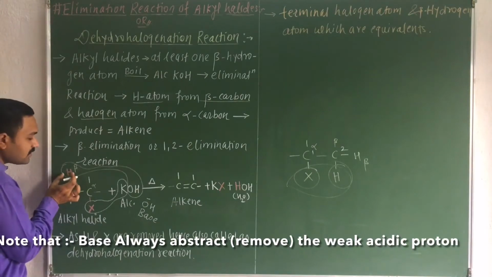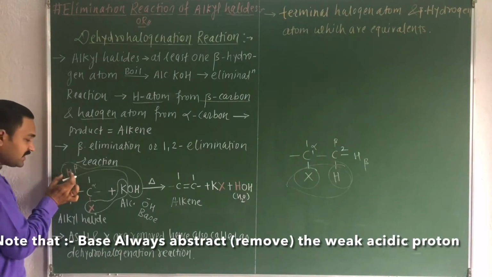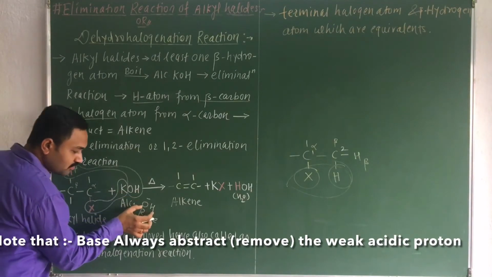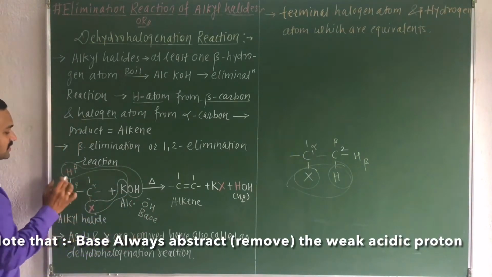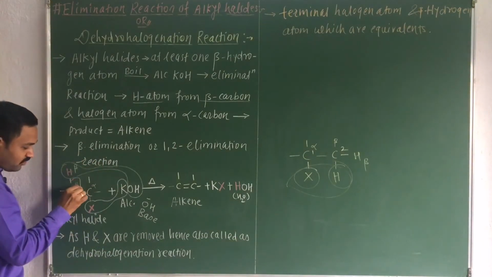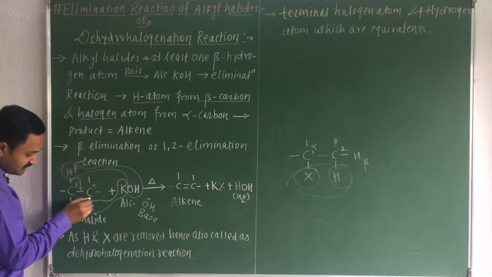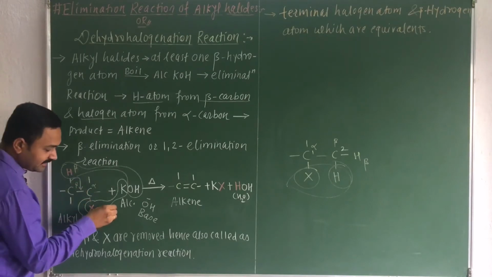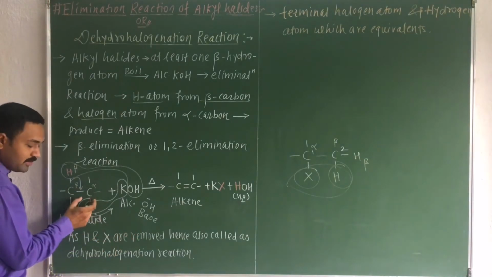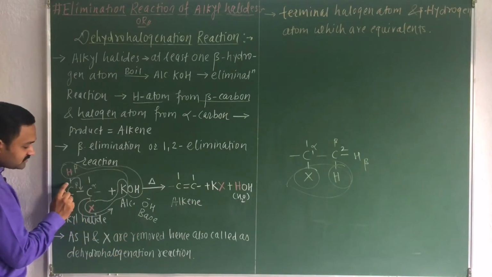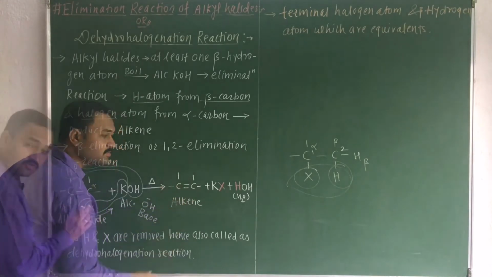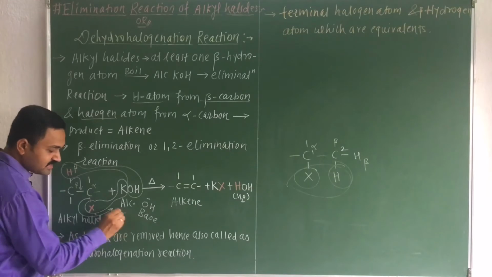Remember, this hydrogen atom, the beta hydrogen atom, is weakly acidic in nature and the OH minus ion is a strong base, so it abstracts this proton and this bond is shifted here, and the halogen atom acts as a leaving group. It will leave from this molecule. Since this bond is shifted here, there is formation of the alkene, and X will be removed as an X minus ion.